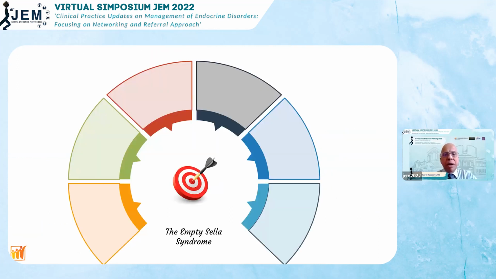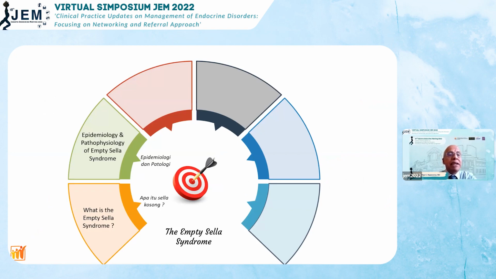In talking about the empty sella, I thought it would be good to discuss under 6 important topics. Firstly, what is the empty sella? Secondly, the epidemiology and the pathophysiology of the empty sella syndrome. Thirdly, when do we suspect it, and what are the symptoms and signs?